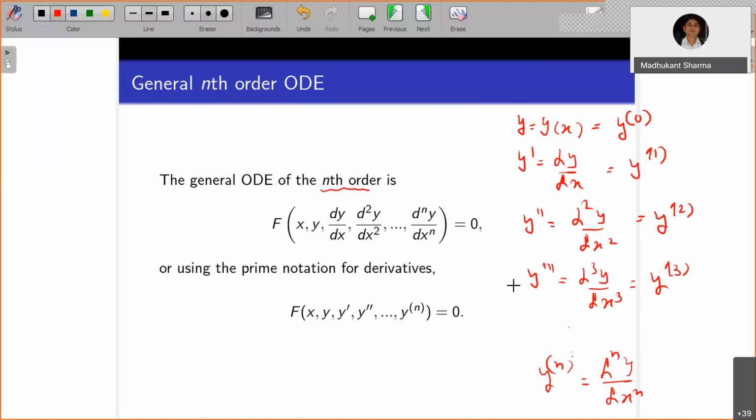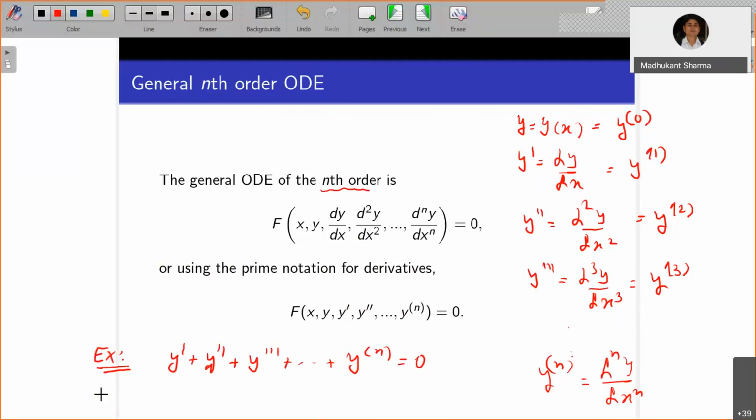Moreover, I'm giving you one example here: I have taken all the coefficients as 1, y dash plus y double dash plus and so on, up to the nth derivative, equals to 0. This is a simple nth order differential equation.